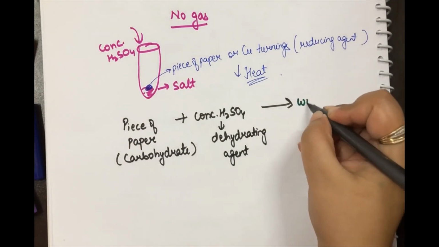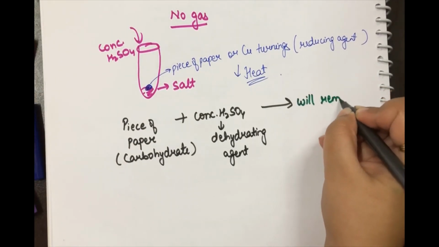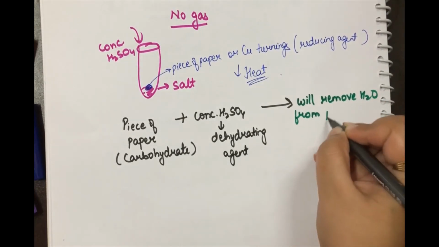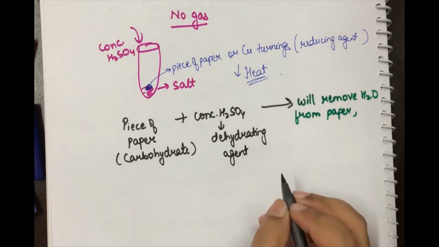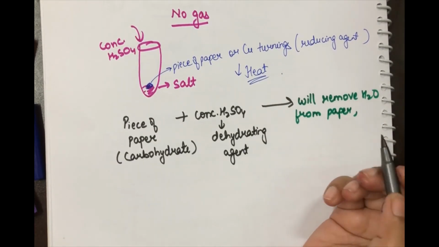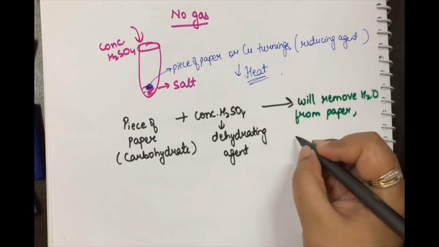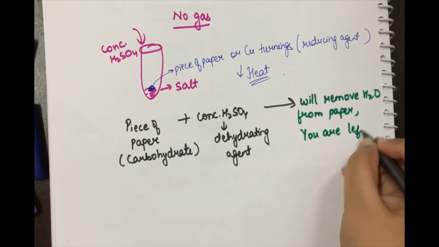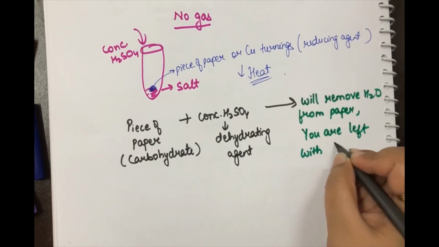Since it is a dehydrating agent, it will remove water from the paper, right? And if from the carbohydrate the water is taken away, what is left? You are left with carbon. So I'll write, you are left with carbon.